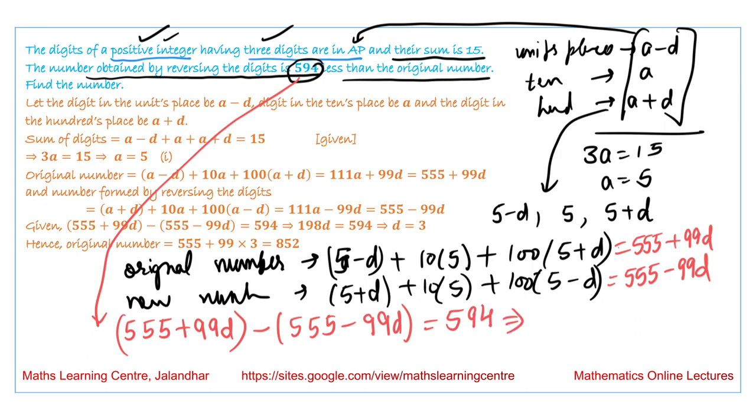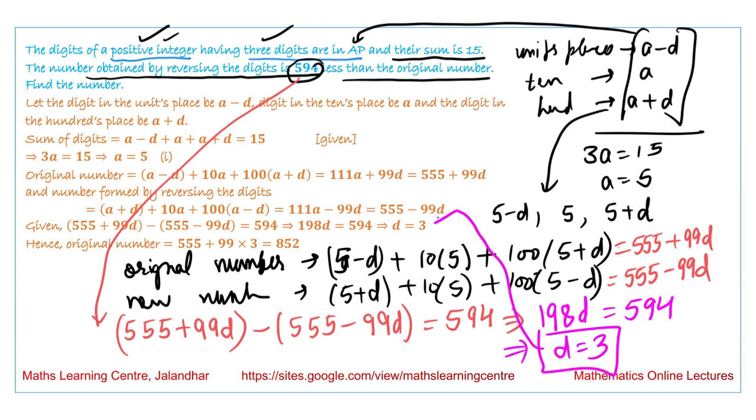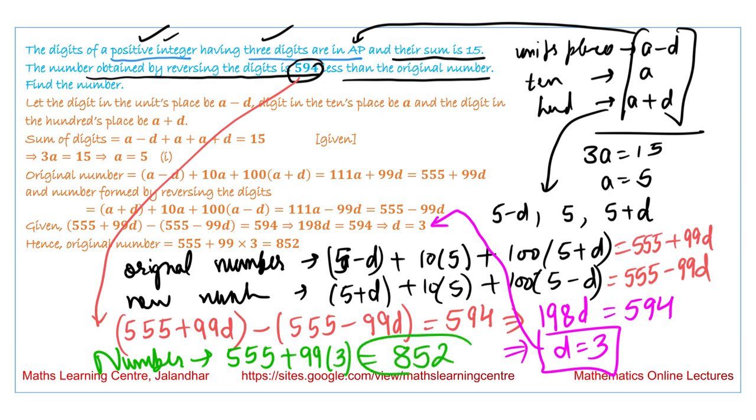So 198d is equal to 594, and this implies that the value of d is equal to 3. So the original number is 555 plus 99 into 3, that is equal to 852. So this is the required number.